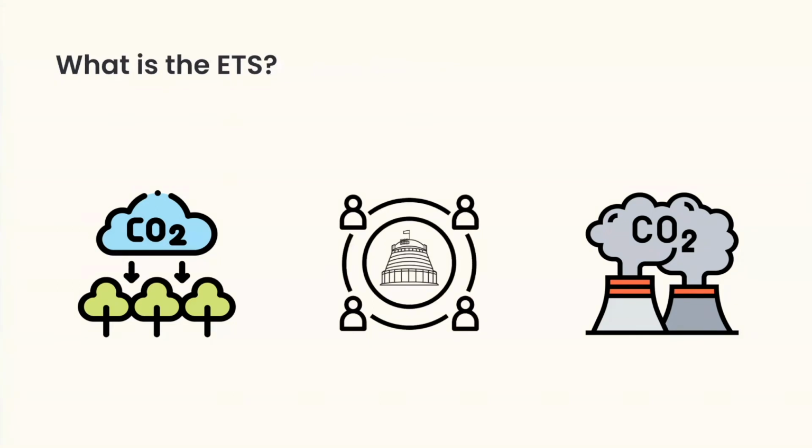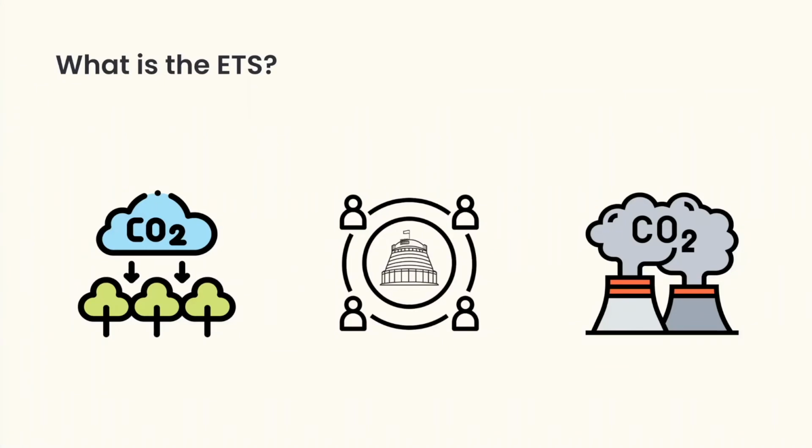Thank you. Yes. And then the logical next question would be, what is the ETS? The ETS stands for the Emissions Trading Scheme. We've put it right in between the people that are sequestering carbon, so the trees, I should say, and the emitters that need to surrender credits.